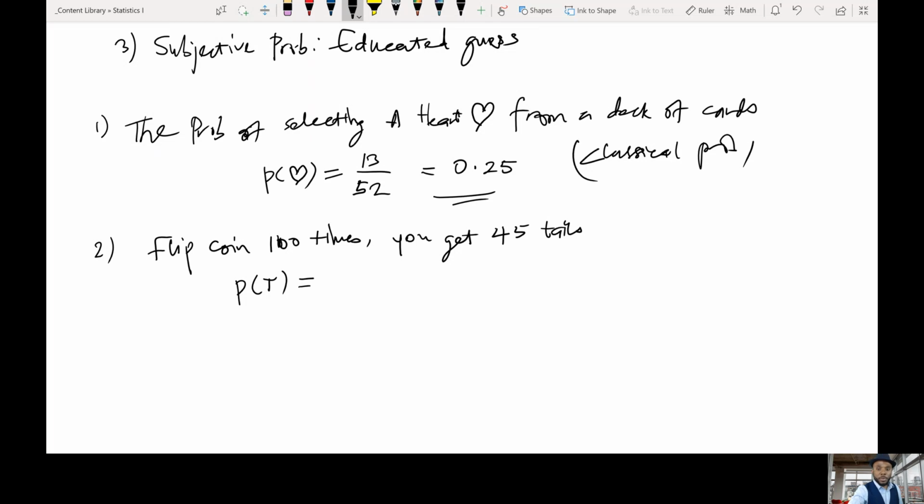That equals 45 divided by 100, and that is 0.45. So we can say that you have a 45% chance of getting a tail. Now, is this observed or classical? It is observed because you observed me flipping the coin 100 times. So it's an observed probability.